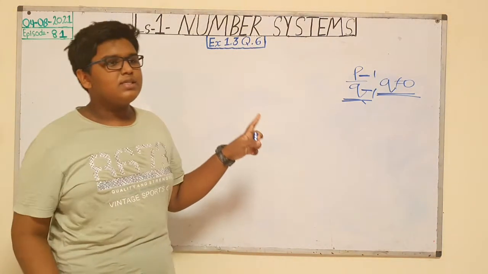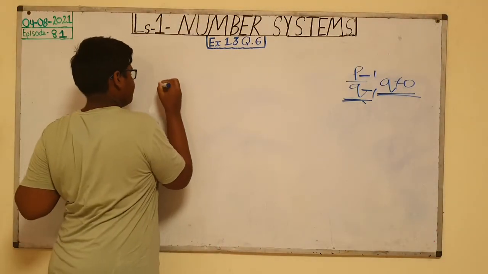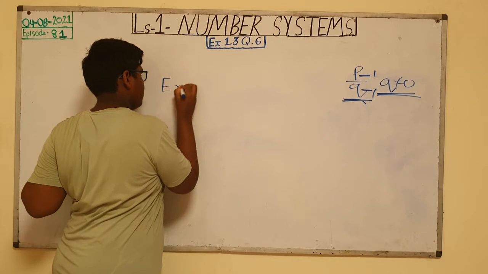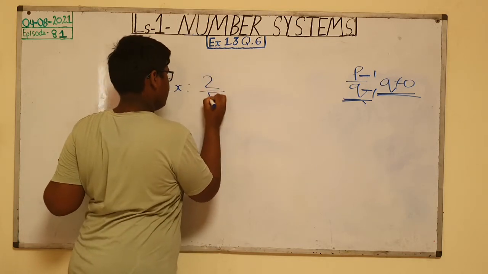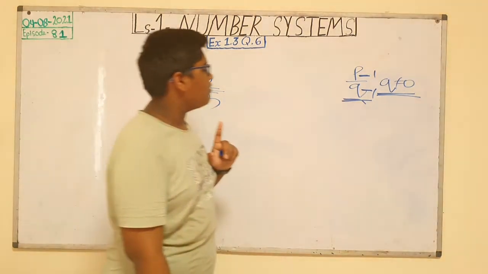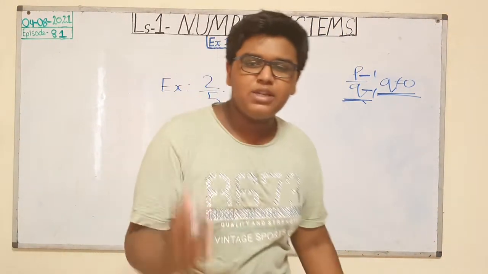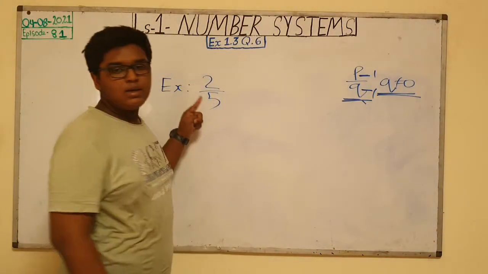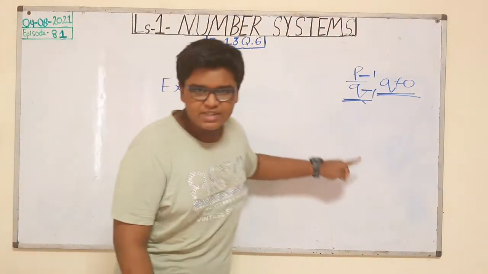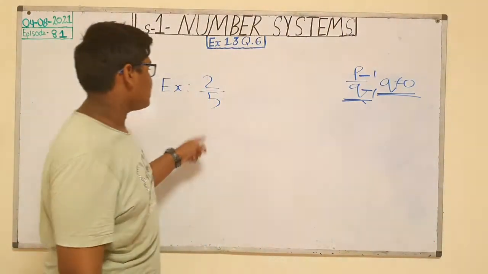Okay, so let's take an example, 2 by 5. They are asking us the terminating decimal expansions, right? Terminating decimal representation means that the remainder can be 0, so the division expansion can end.